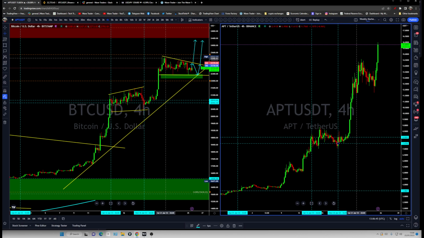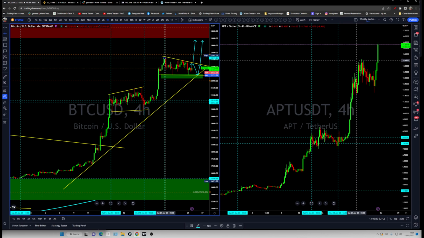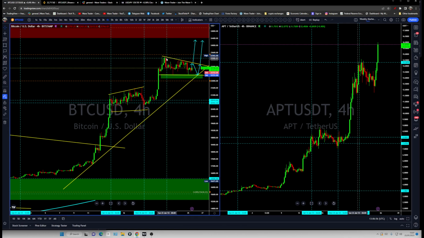Again, it started on Bitcoin on this date, and there we can see slightly ahead over there, and then ended over there.